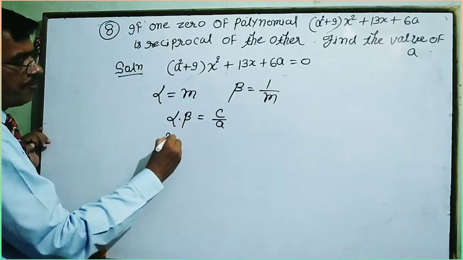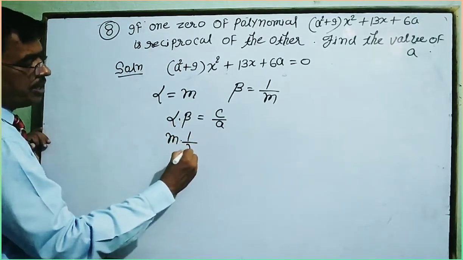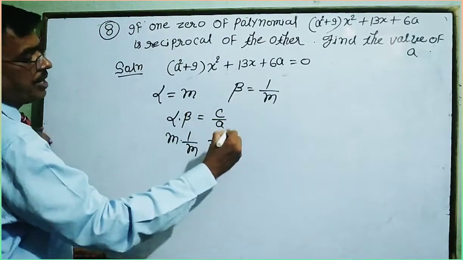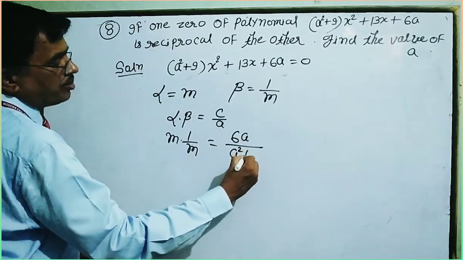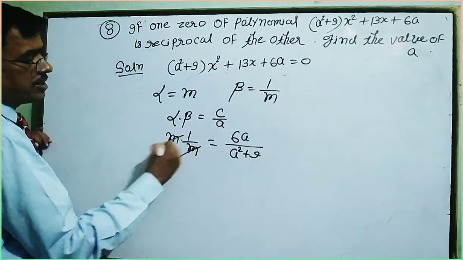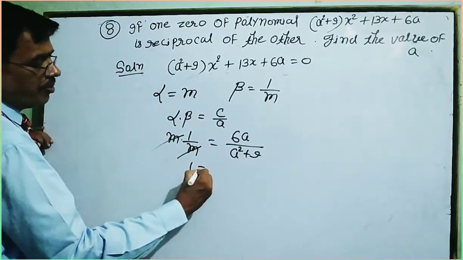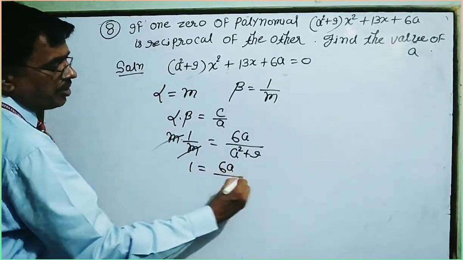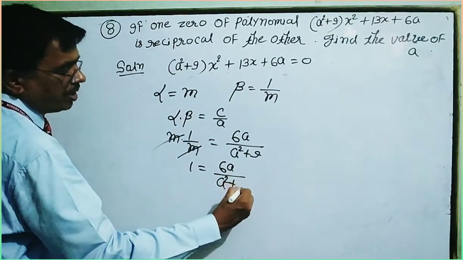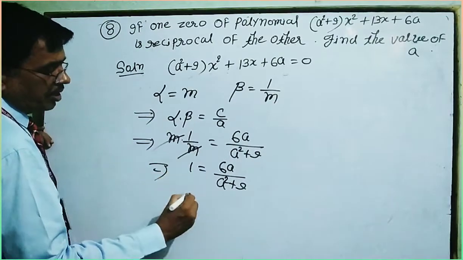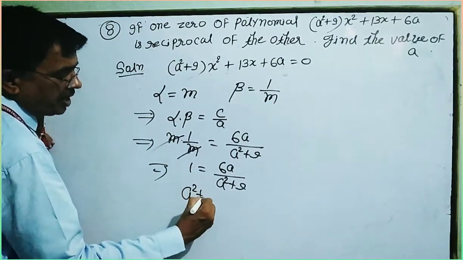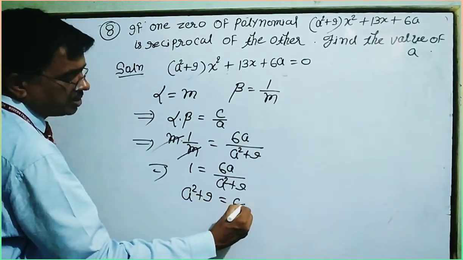That is m. What is beta? That is 1 by m. C by a. What is c? 6a. What is a? A square plus 9. This is cancelled. Cross, then 1 is equal to 6a by a square plus 9. Then cross multiplication, then a square plus 9 is equal to 6a.